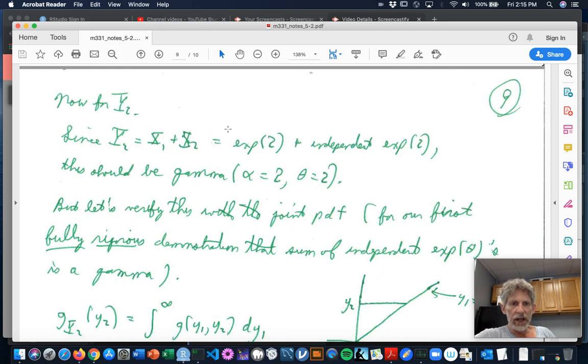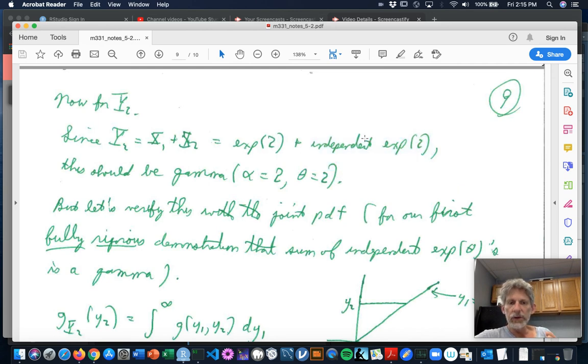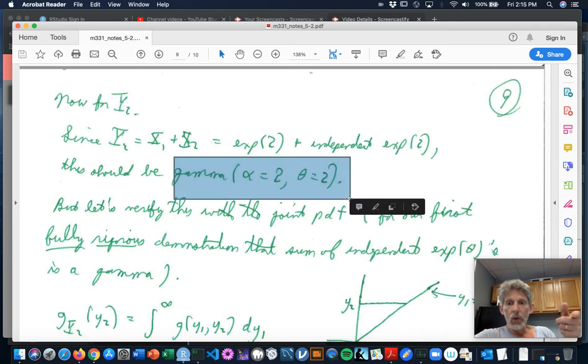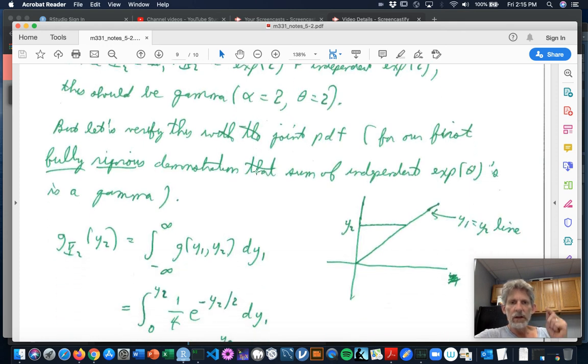So it's like wait for the first event and then wait for the next event and add those two times together. This should come out to be a gamma, where the alpha is a 2 and the theta is still a 2. But let's verify it. And this will be our first rigorous demonstration that the sum of independent exponential thetas really is a gamma.